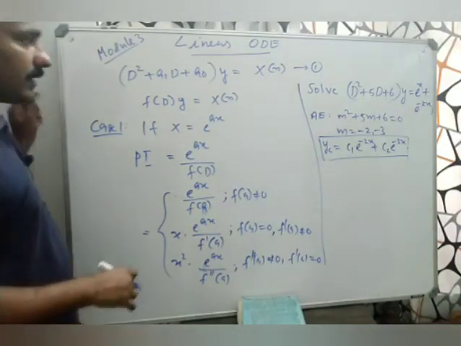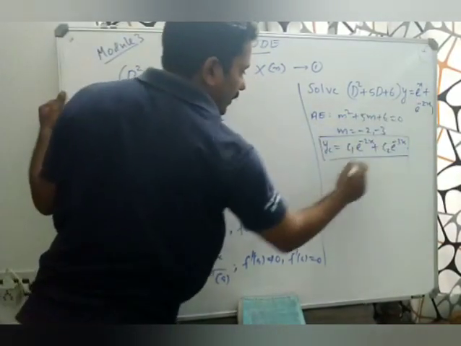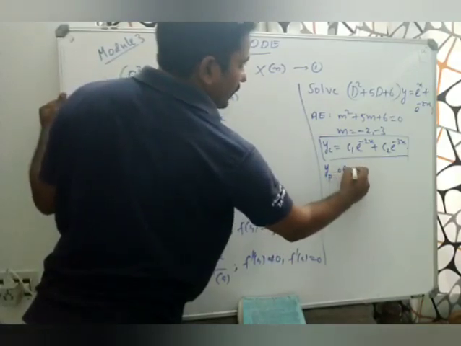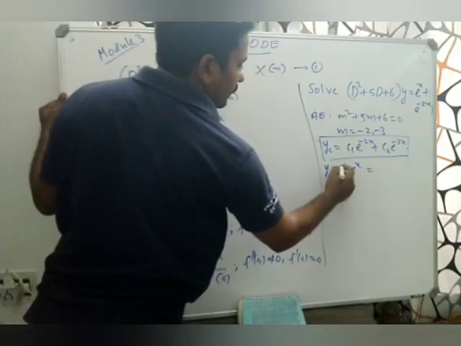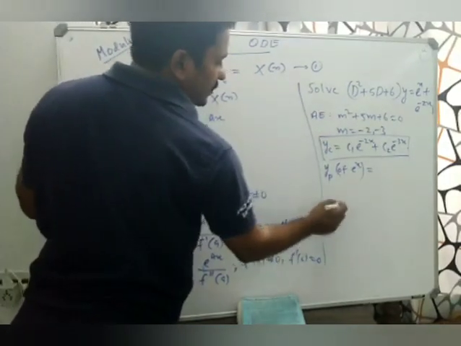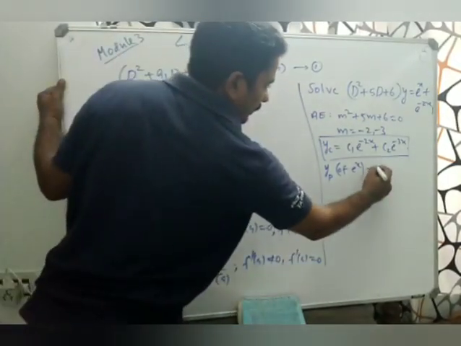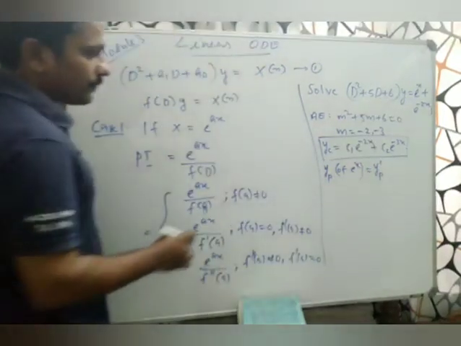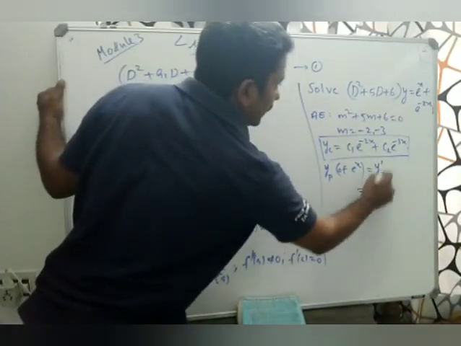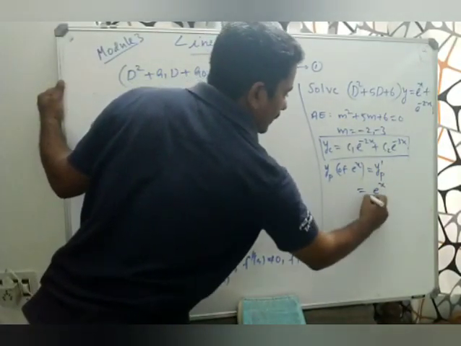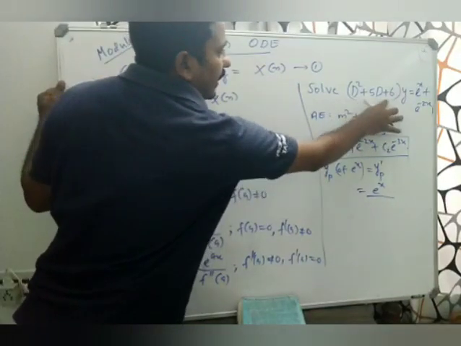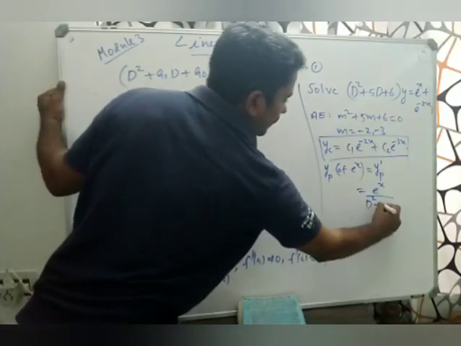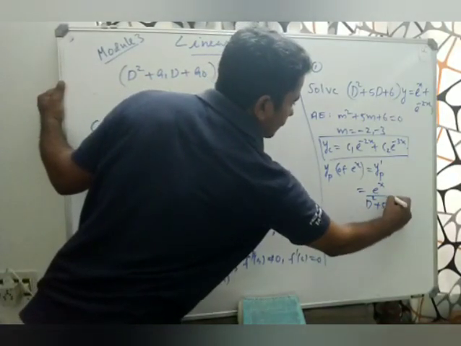Now the second part, we are supposed to calculate the particular integral of e to the power x. We call that yp1. To get that, the formula is e to the power x divided by the function of D in the denominator, so we get D squared plus 5D plus 6.